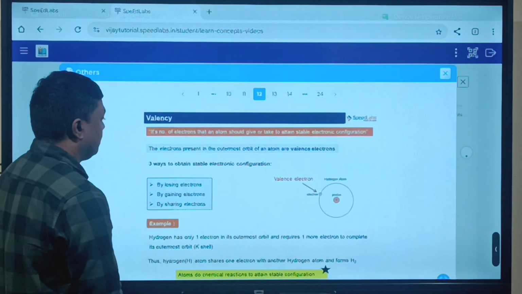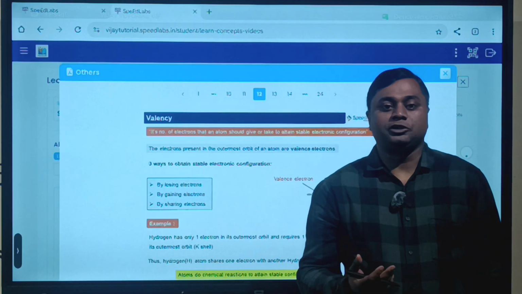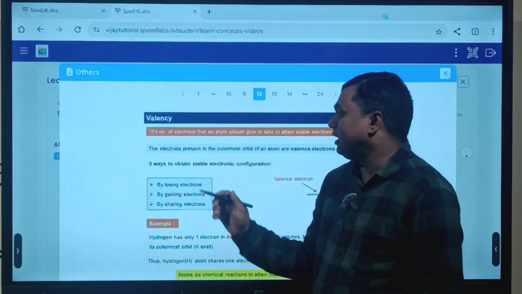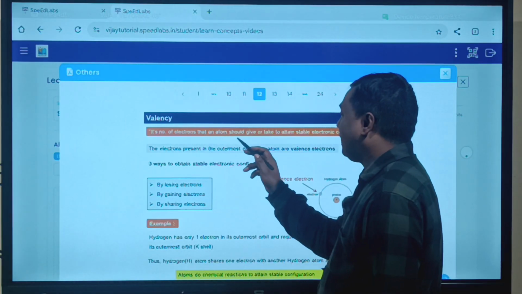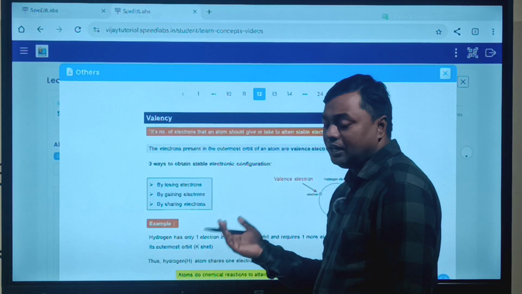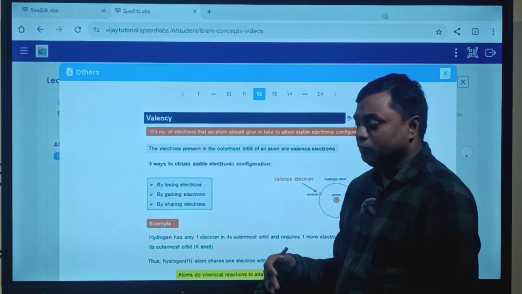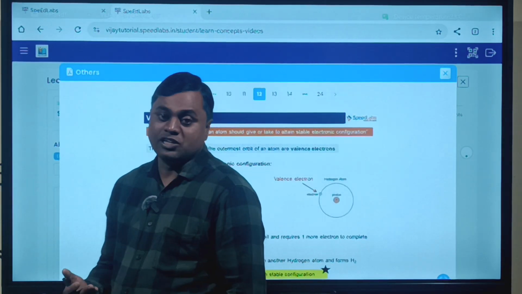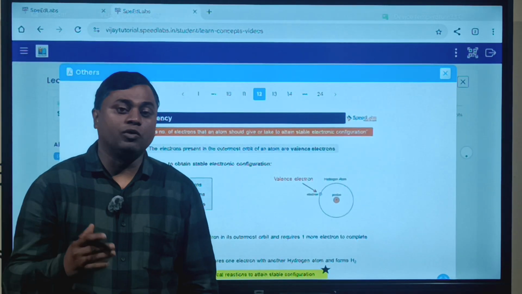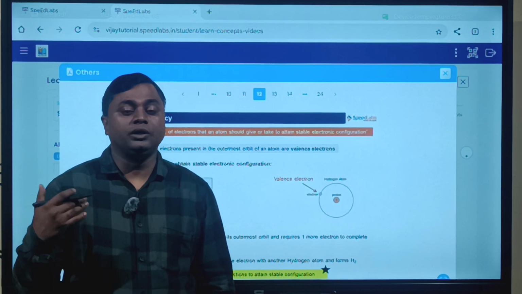Next concept. When we talk about valency, children, valency is nothing but the combining capacity of an atom. It is the number of electrons that an atom should give or take to attain the stable electronic configuration. We'll study in detail in the upcoming topics. Generally for metals, the valence electrons are 1, 2, 3, so their valencies are 1, 2, 3 respectively, because to become stable they lose 1, 2, 3 electrons.